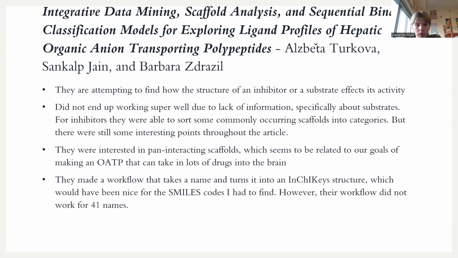A couple of things I saw throughout the article were interesting. They're interested in pan-interacting scaffolds, which will work with multiple things.